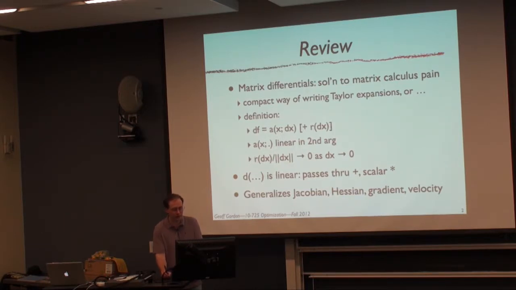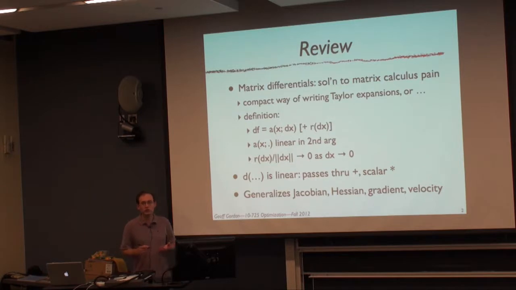And if this residual function here, if this residual r of dx divided by the norm of dx goes to 0 as dx goes to 0, then this expression here is called the differential of f at x. Okay?